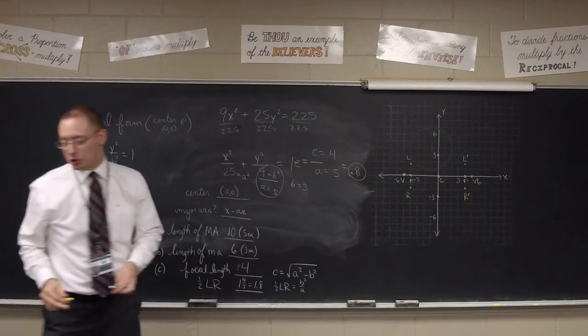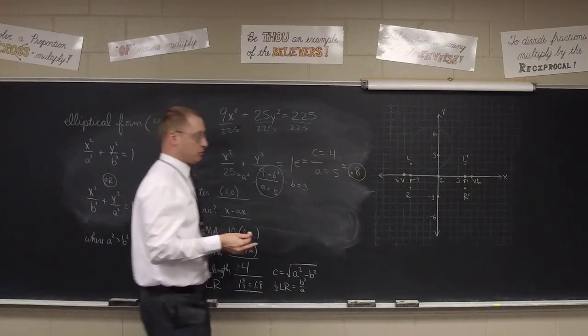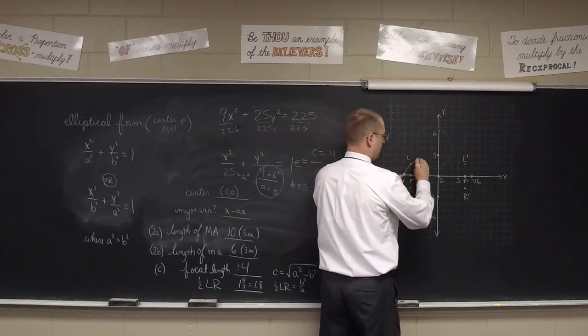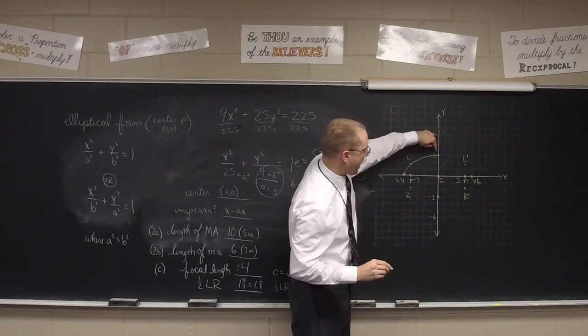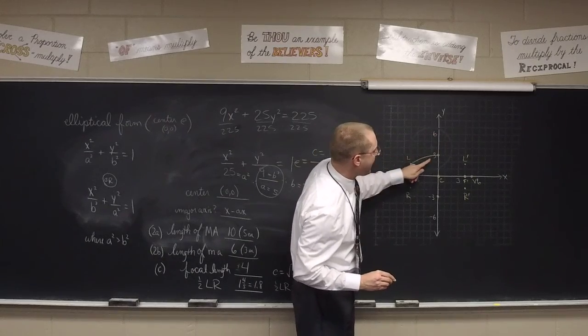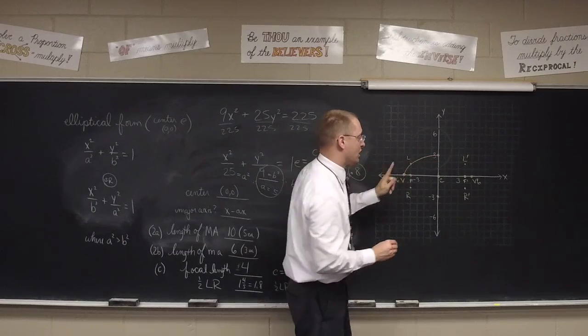Now, just like when we drew the parabola, we started at the vertex and we went through one end of the latus rectum. We're going to do the same thing here. Start at the vertex and curve toward the top of the minor axis. So right as you get there, notice it's almost coming in perfectly straight, right at the very end, but just barely.